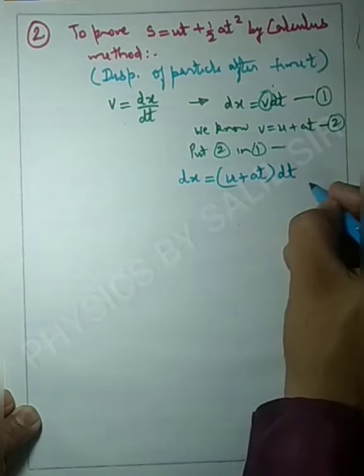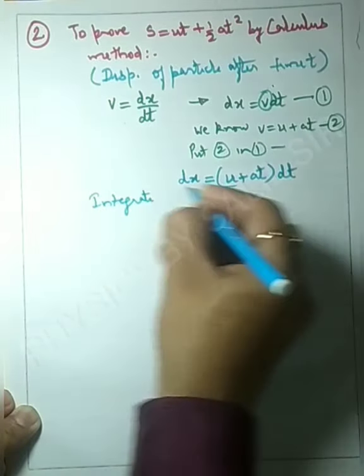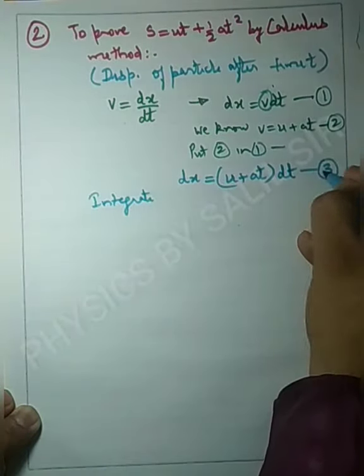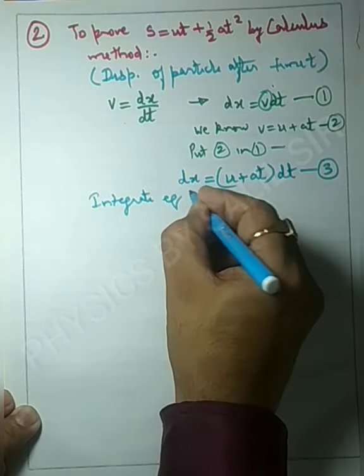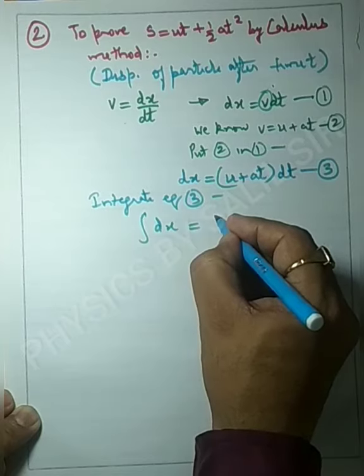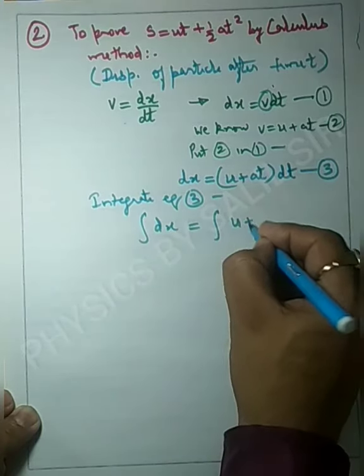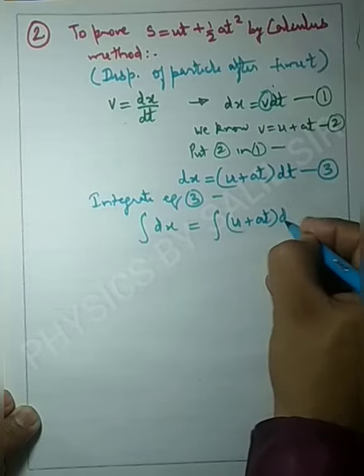And then we will integrate this. Integrate equation number 3. Suppose this is equation number 3. So we'll get integration sign dx is equal to integration sign u plus at dt.